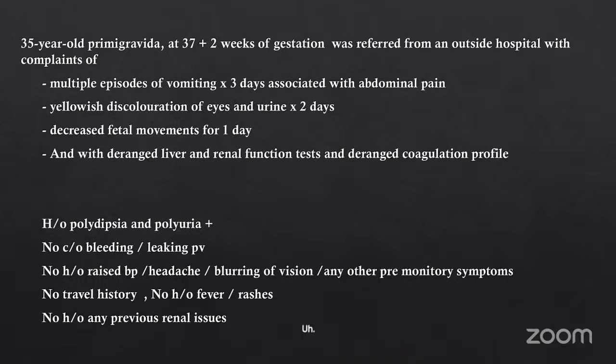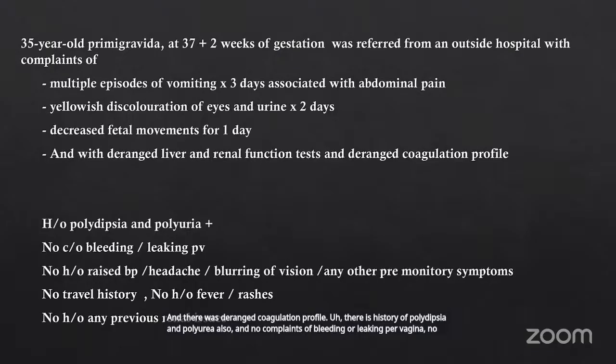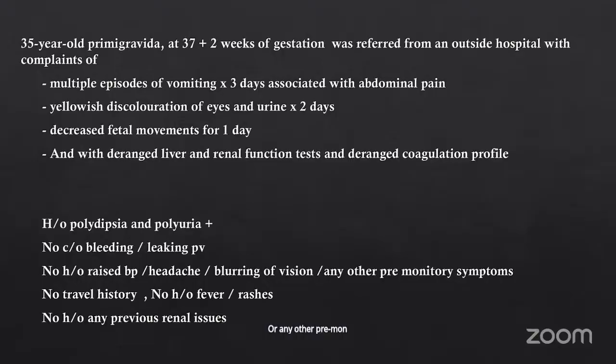The patient was referred with deranged liver and renal function tests and a deranged coagulation profile. There was a history of polydipsia and polyuria also, and no complaints of bleeding or leaking per vaginum, no history of raised BP, headache, blurring of vision or any other premonitory symptoms, no travel history, no history of fever or rashes, and no prior history of any renal issues.